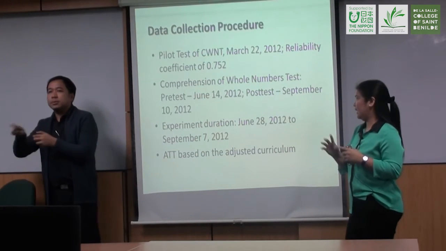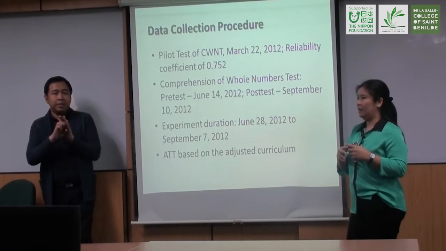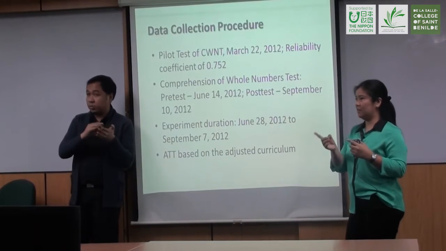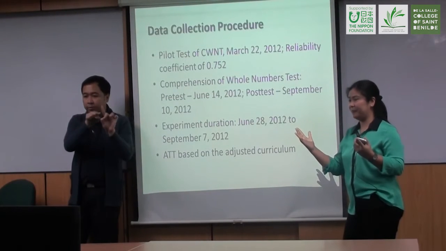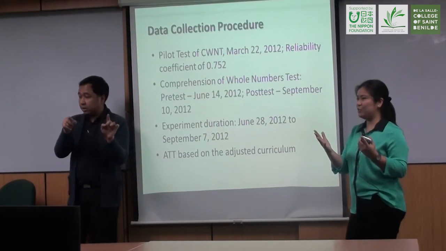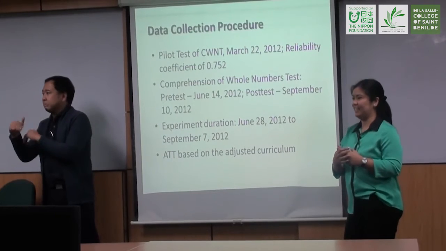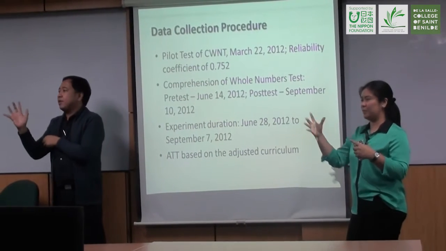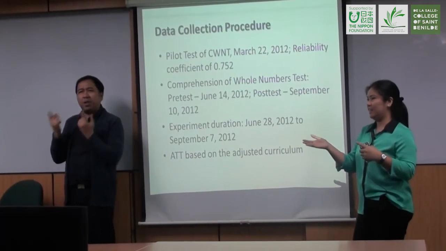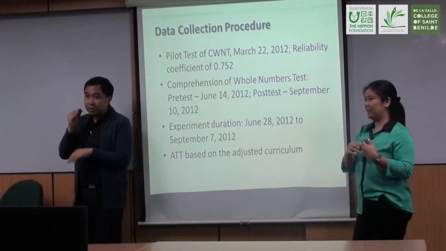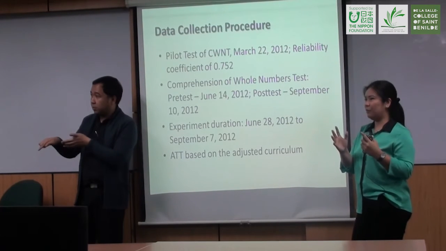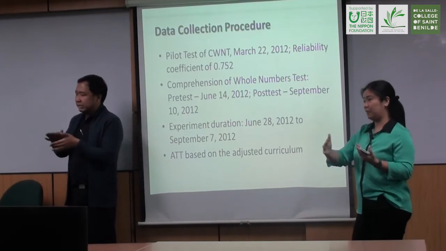For example, for grade 1, counting numbers from 1 to 100. But for the deaf, they just do the first 1 to 50. Based on the experience of those teachers teaching in the public school, it's been overwhelming for the kids to learn up to 100.